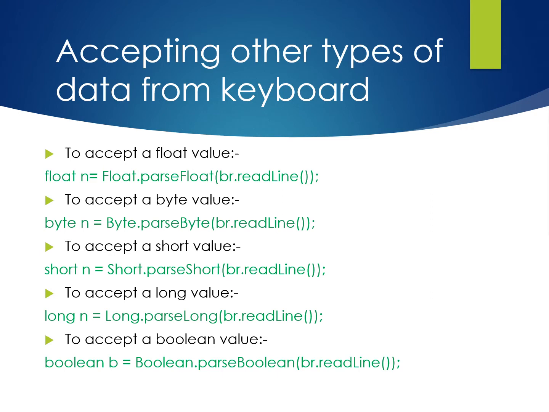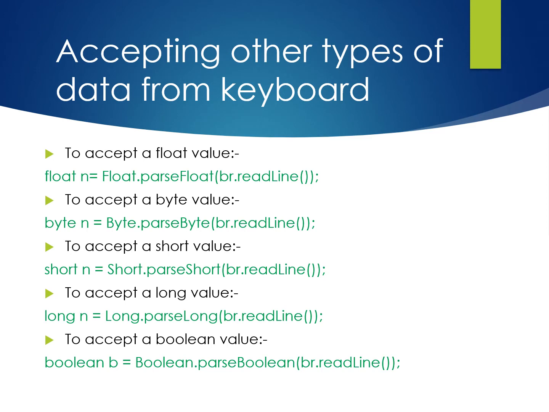Accepting other types of data from the keyboard can be done as follows. For example, we can accept a float value by using the syntax float n = Float.parseFloat(br.readLine()). We can accept a byte value by the Byte.parseByte method, so the syntax will be byte n = Byte.parseByte(br.readLine()).